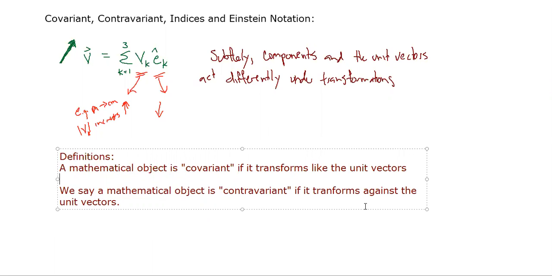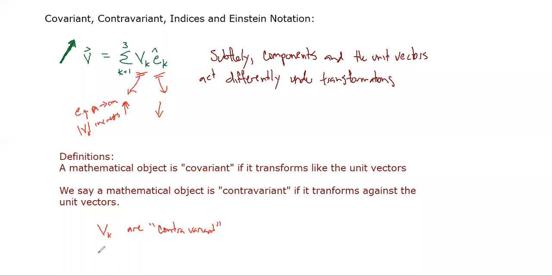So for us, we would say that the individual components are contravariant, and the unit vectors themselves, in this definition, kind of by definition, are covariant. And this is also that the geometric thing itself, if they both increase, then the geometric object itself would not be invariant under coordinate transformations.